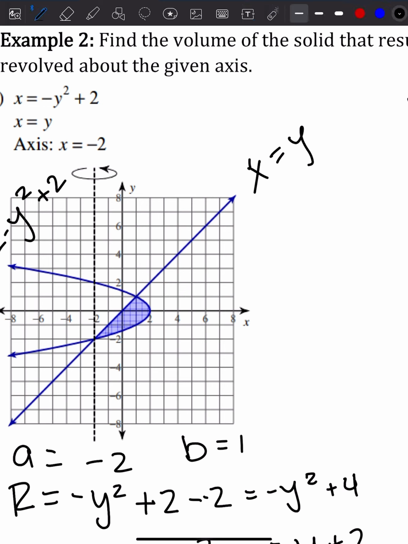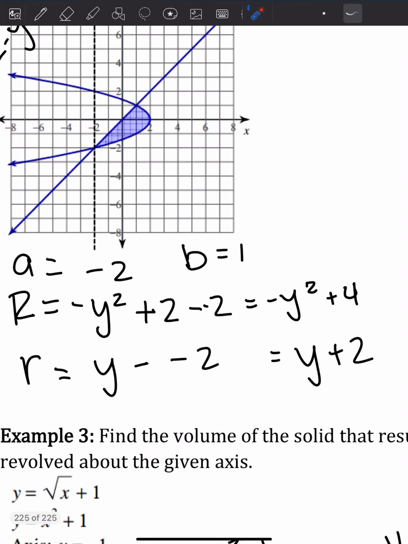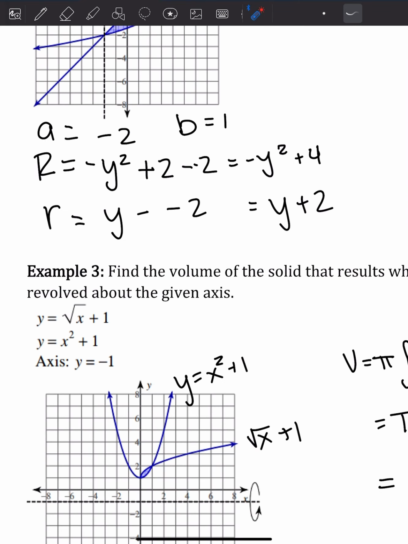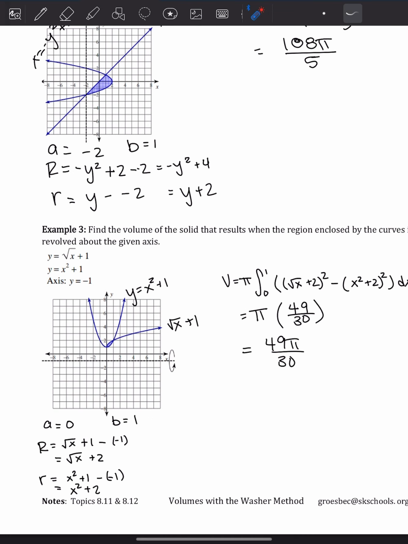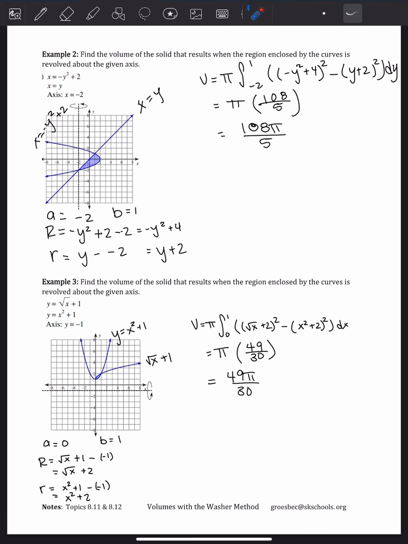The only reason we would do disk method is if all of this was touching. So if we were revolving it around, say, that line, y = x, then we could use the disk method because there's no gap. We need to remember that we're squaring each radius and subtracting the smaller one from the bigger one based off of the distance from that axis of revolution.